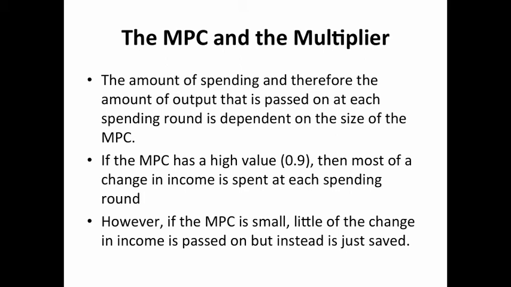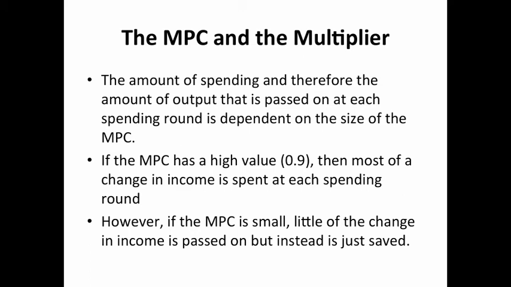And if you think about it, then what we should see, the higher the value of the MPC, the greater will be the eventual change in real GDP. Because the higher the value of the MPC means more spending gets passed on in each individual round. A higher MPC is telling me that of the change in income, I'm going to spend more and more of that in the next round relative to a lower MPC.